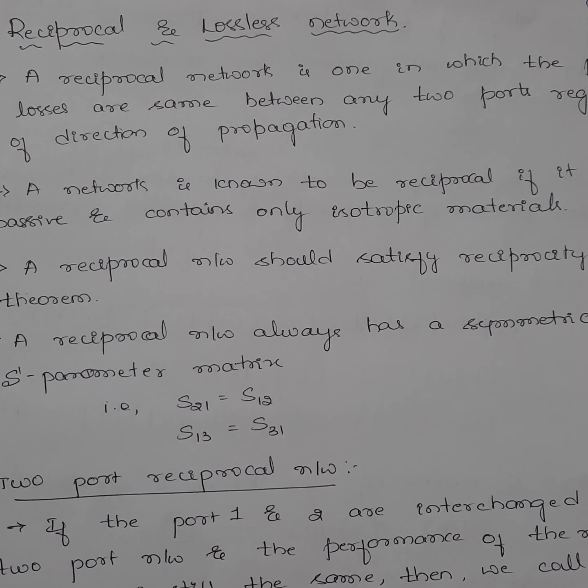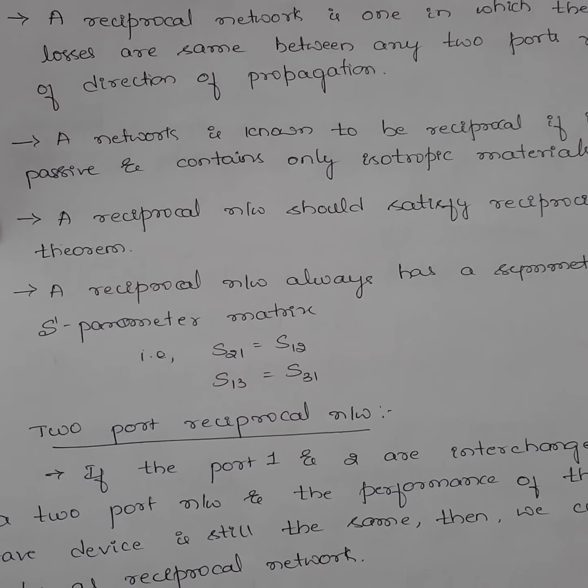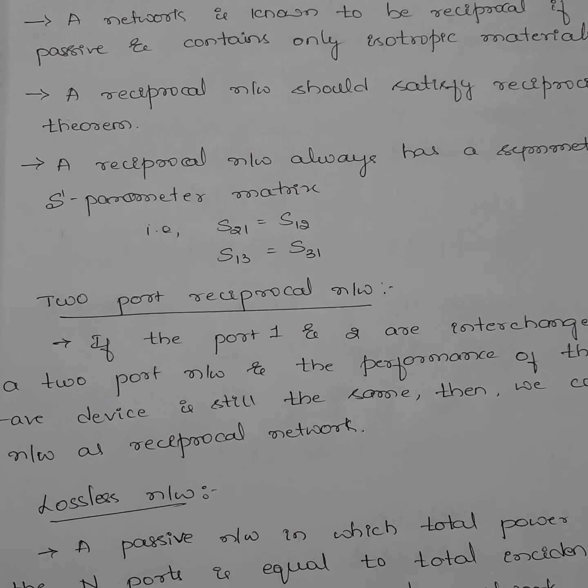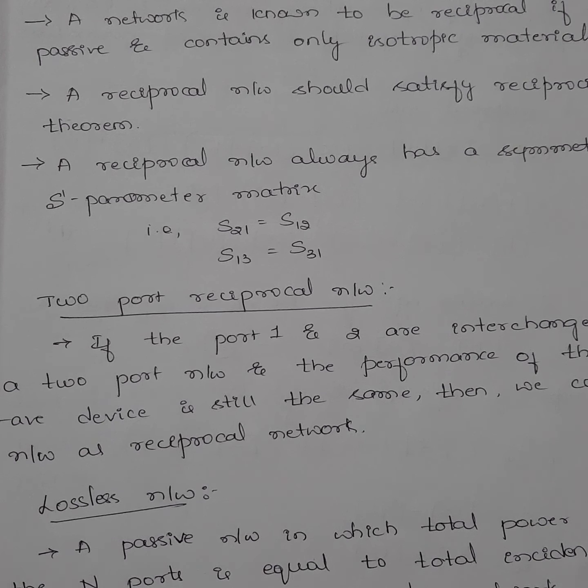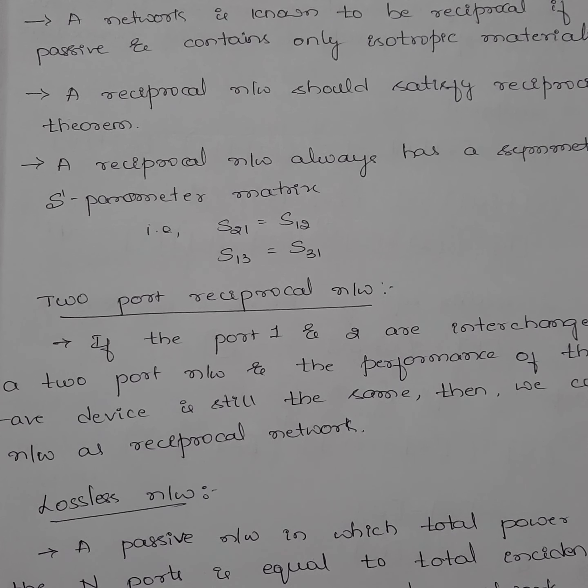Two port reciprocal network means, if ports 1 and 2 are interchanged for a two port network, and the performance of the microwave device is still the same, then we call that network a reciprocal network.